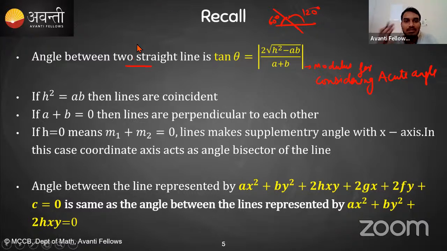So I will just consider the acute angle part. That's why the modulus. But the important thing is the formula: tan theta is modulus of 2 times under root h square minus ab upon a plus b. So as the general equation of the lines is given, quickly we can see a, b, h, and then put those values, and we will get the angle between the lines, right?